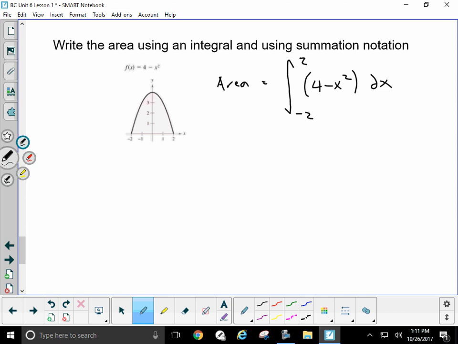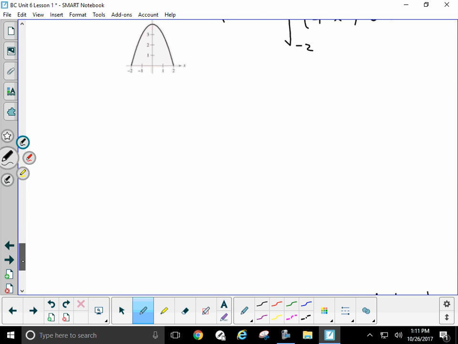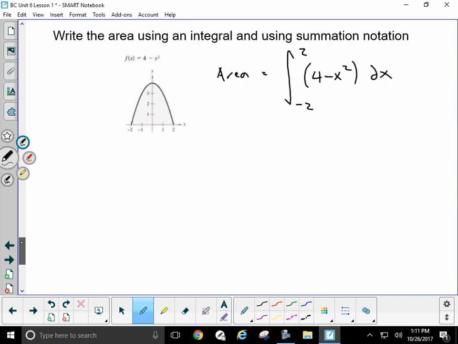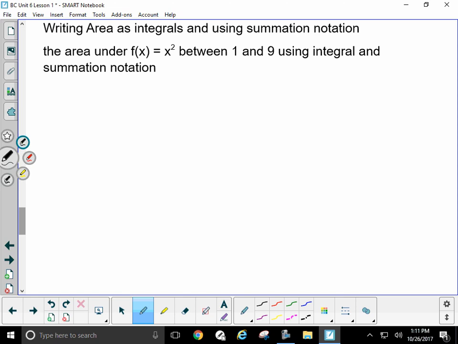If I did the next one, that's easy. Oh, the previous one, sorry. The area under x squared between 1 and 9. Well, I can kind of see what it looks like. I don't know what to do, but I know how to express it using notation.